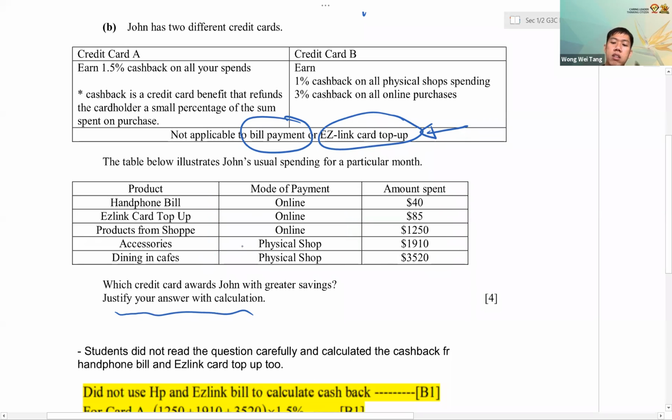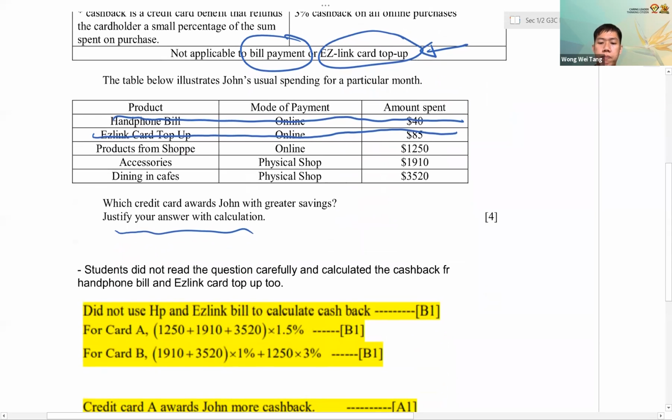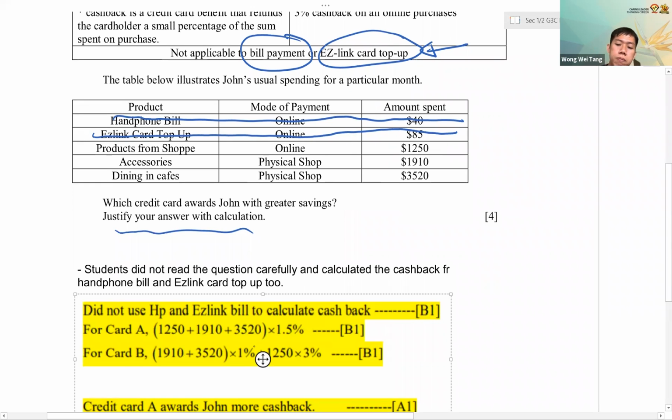So let's get the irrelevant portions out of the way first. Handphone bill, irrelevant, no savings in either card. EZ-Link card top up, no savings in either card. Okay, so let's take a look at card A. By the way, the marking, as long as you did not use the handphone and the EZ-Link card bill to calculate the cashback, you get 1 mark already.